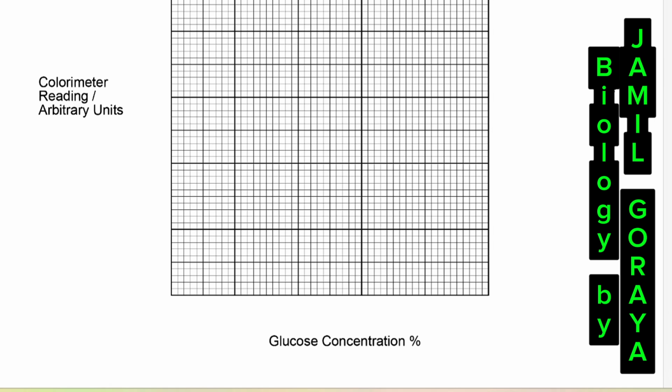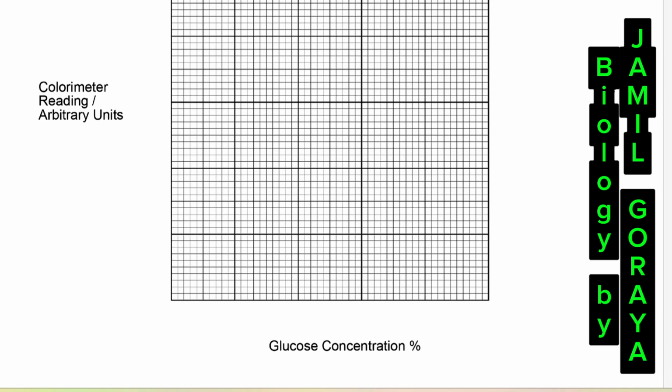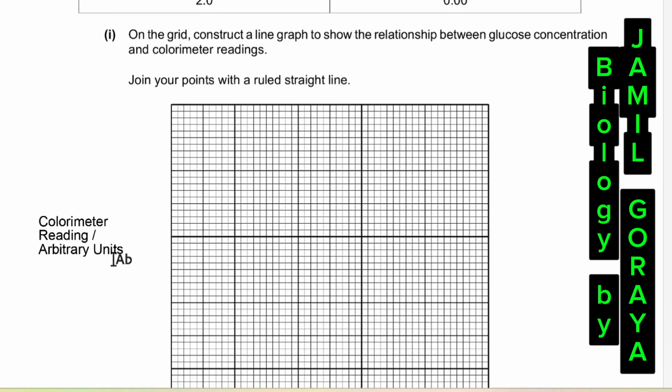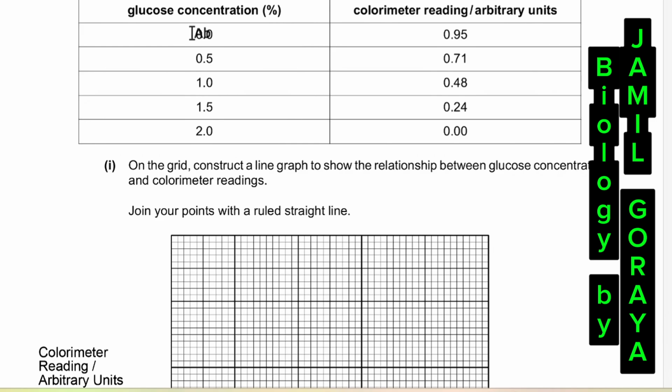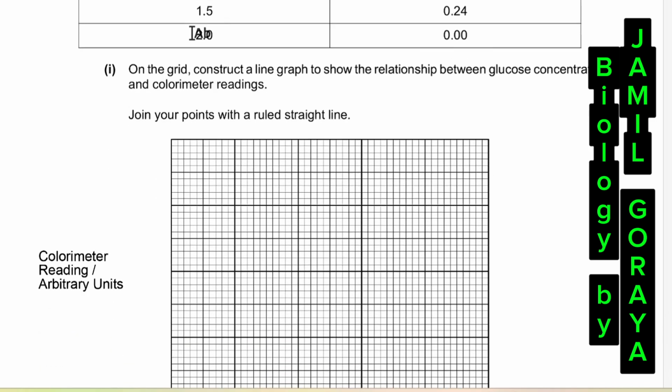Next step is a linear scale. Linear scale means on both x and y axes, the scale must start with 0 and it must have equal gaps. So if we see the x-axis, it is from 0 to 2.0.